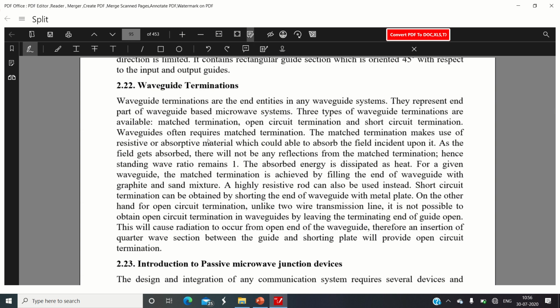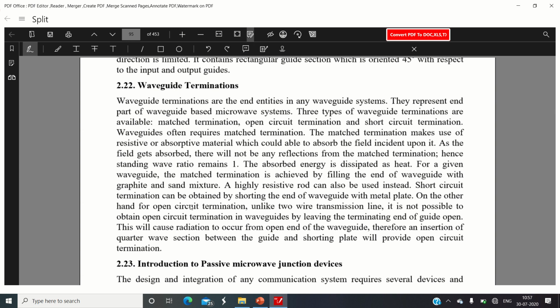Waveguides often require match termination. The match termination makes use of resistive or absorptive material, which is able to absorb the field incident upon it. As the field gets absorbed, there will not be any reflection from the match termination, and hence the standing wave ratio remains 1. Match terminations are very useful in order to absorb all the reflection.